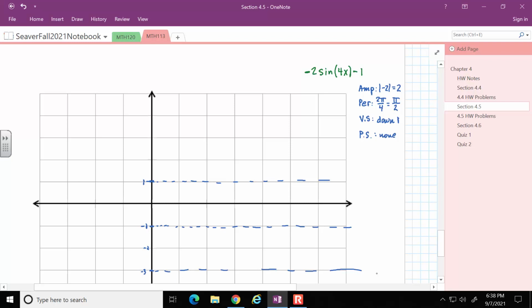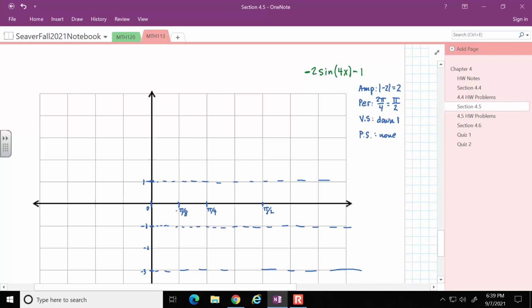My period is pi halves. So if I say this is my first point, 1, 2, 3, 4, this will be my fifth point. I want this to be pi halves. This is 0. So halfway across would be pi halves divided by 2, which is pi over 4, and half of that would be pi over 8.